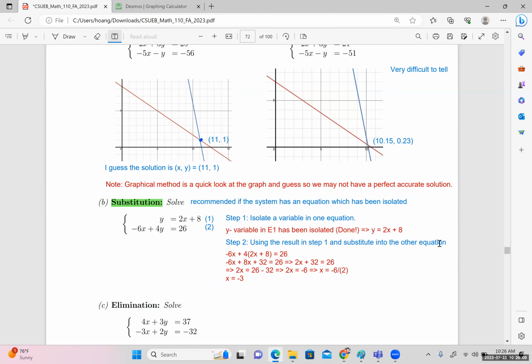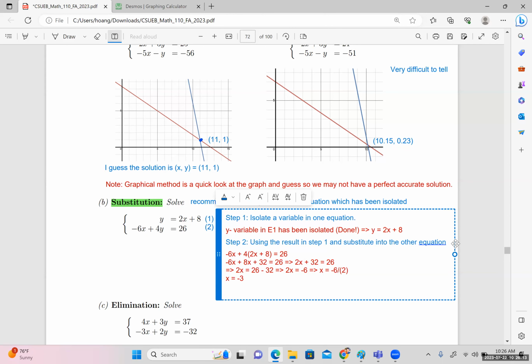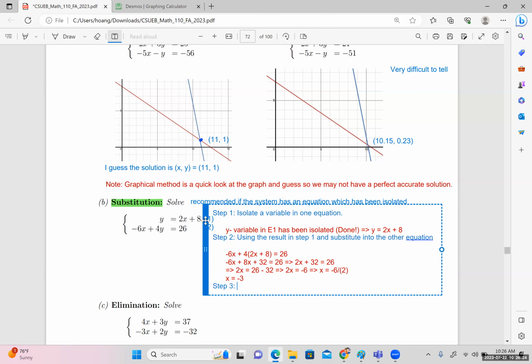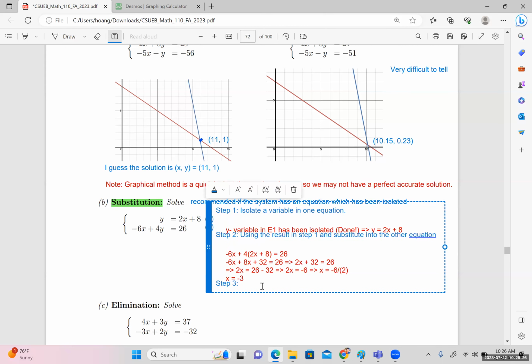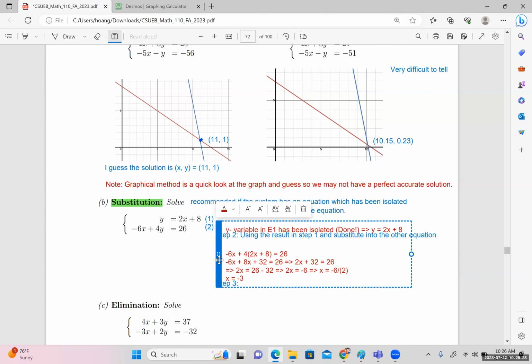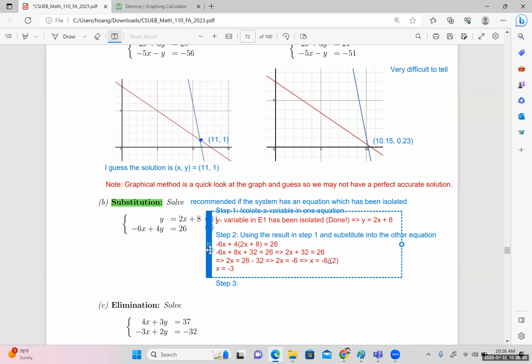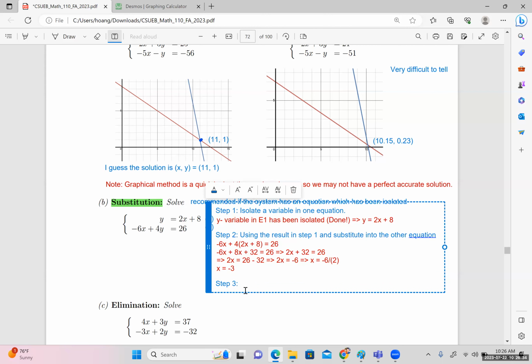Okay, so let's move this one here. Step 3. I have to move this up a little bit to save my display.